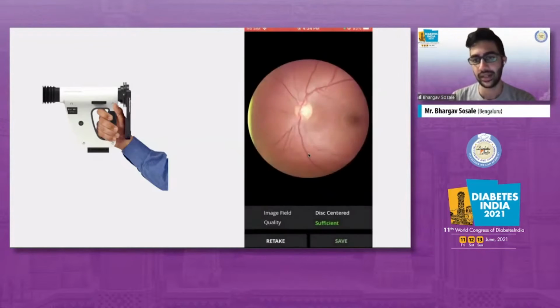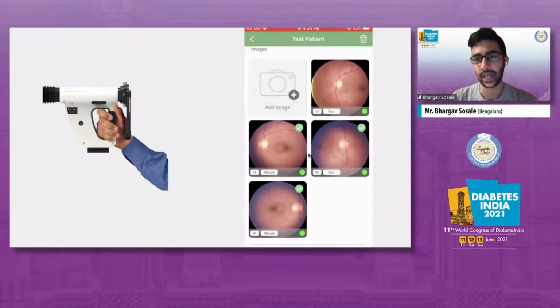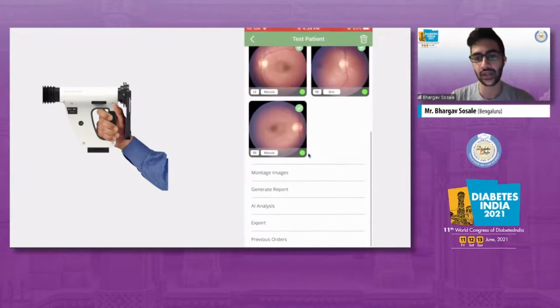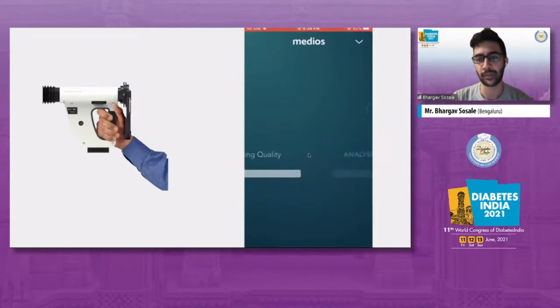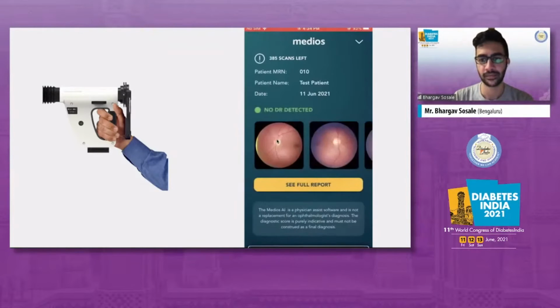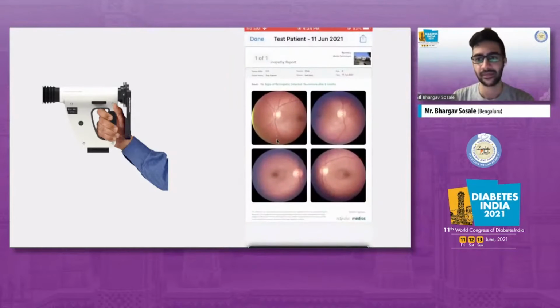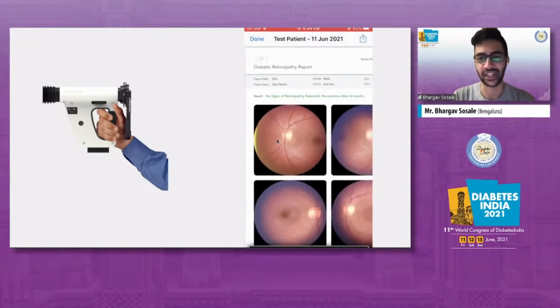Once that's done, you can select the previously captured images and quickly generate an AI report. An AI will automatically assess the images for quality and then check for DR. And a report is generated in less than 10 seconds. In this case, there were no signs of DR detected.